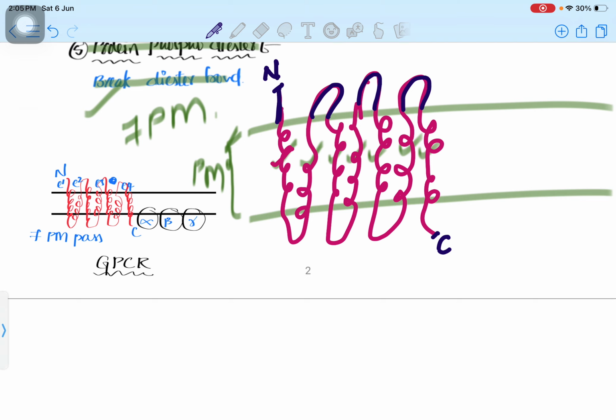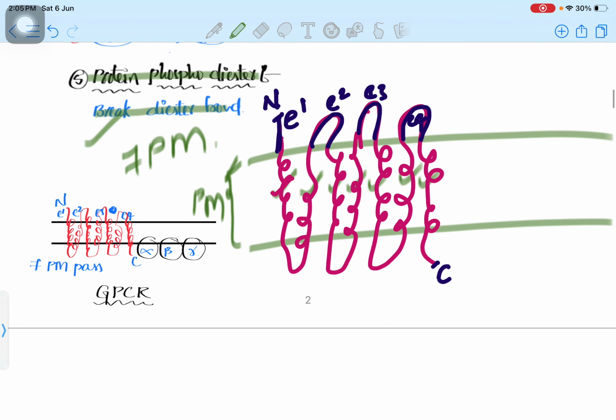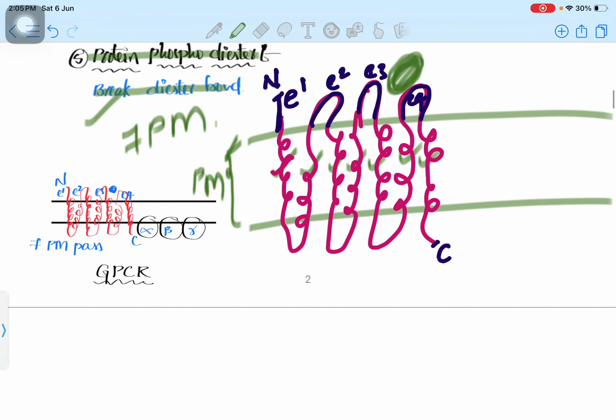You can see here these are loops. These loops are called E1, E2, E3 and E4. Whenever a ligand comes, it will attach in between the E3 and E4 loop. After attachment of the ligand, the C terminal gets activated.